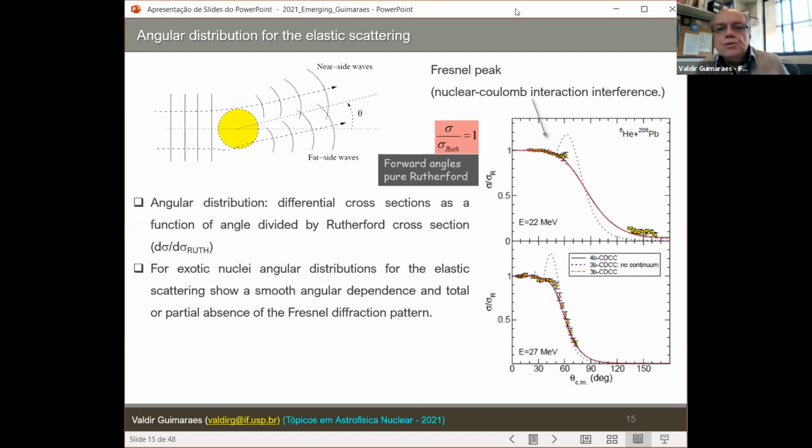I think it's two different effects. So we did not consider the reorientation when we have this weakly bound, because the model we use to describe the breakup is this CDCC calculation, where we consider explicitly the interaction.